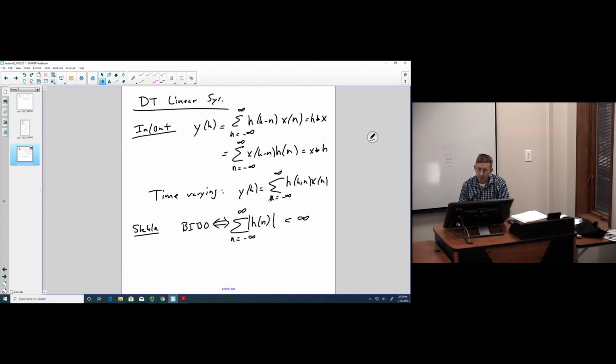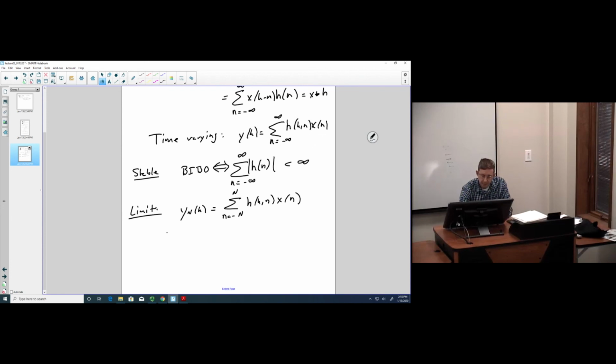If you look up here, a very similar thing can happen again in terms of this limiting behavior. This one's even easier to see, because I don't have to get rid of an integral. If I call y_n of k the sum from minus n to n of h of k comma n, x of n, so I'm going back up to that superposition summation, look what happens. The limit as n gets big of y_n of k equals y of k.